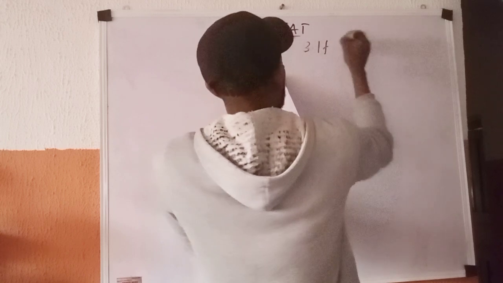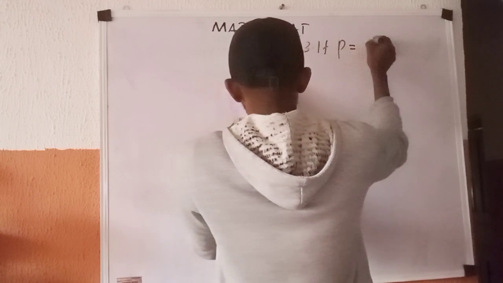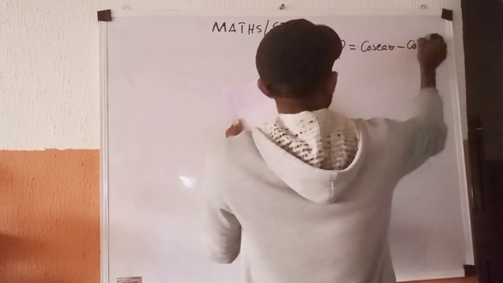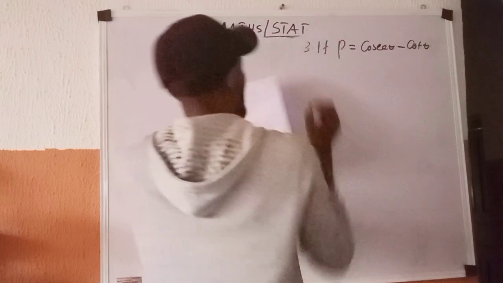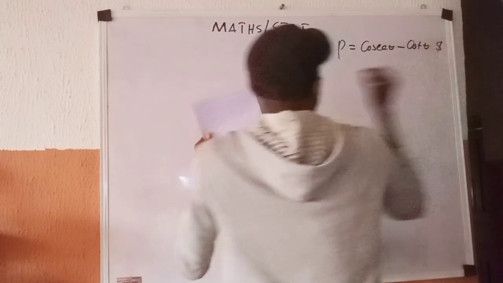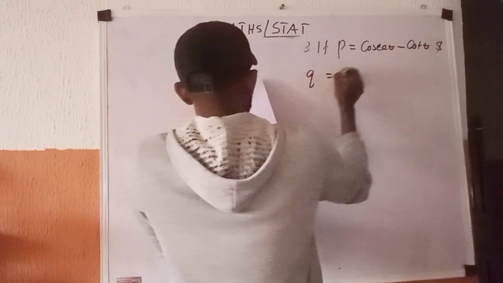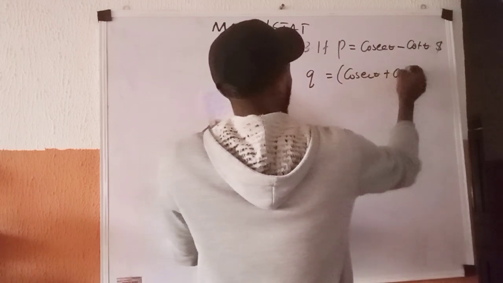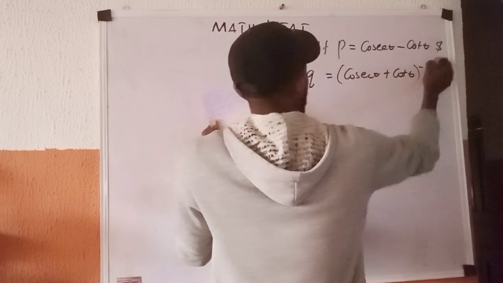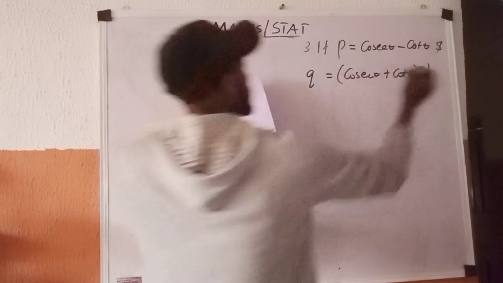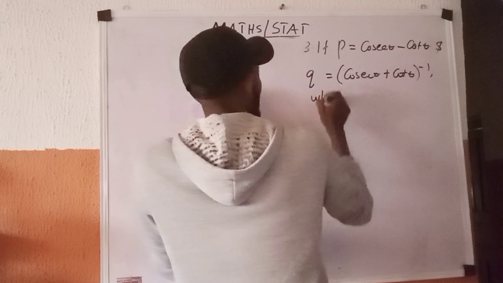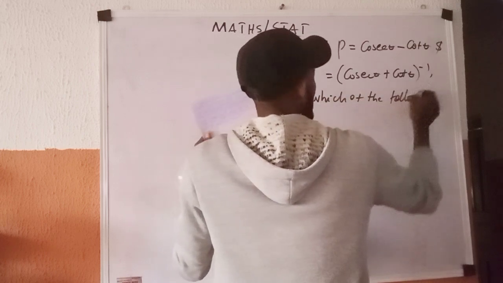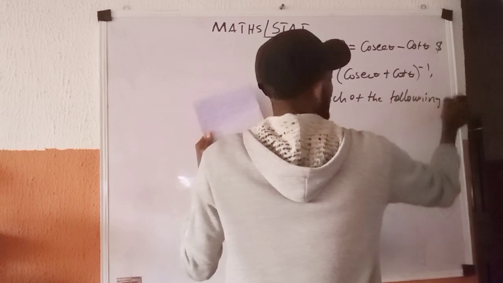If P equals cosec theta minus cot theta and Q equals cosec theta plus cot theta inverse, which of the following is true?